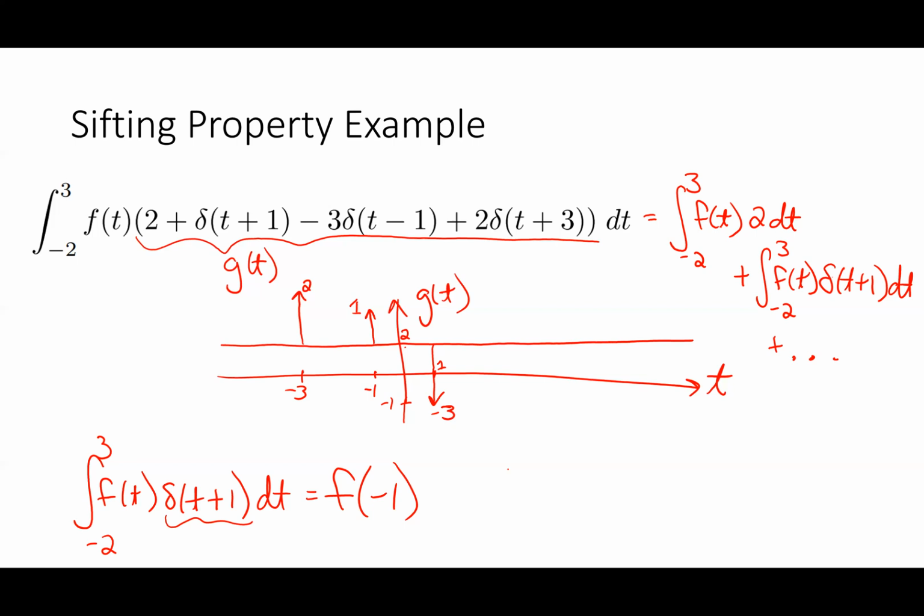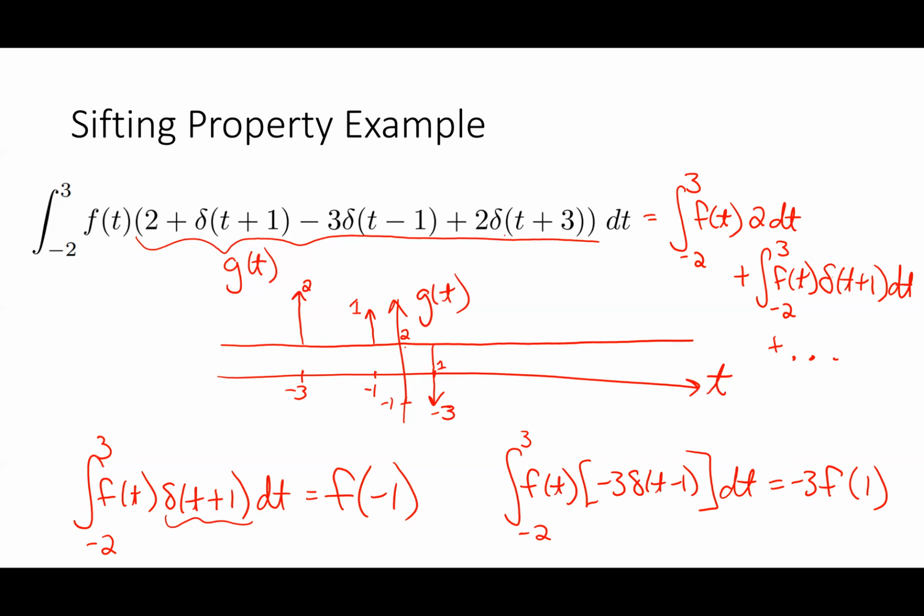Okay. Then what is the integral from -2 to 3 of f of t times -3 delta of t minus 1 dt? What value would that pull off? -3 times f of 1. All right.